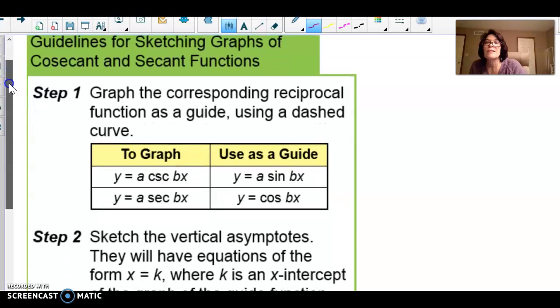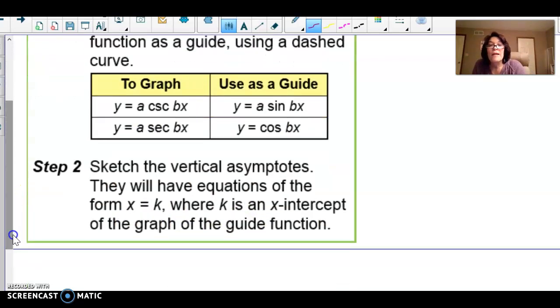Now this is how we graph secant and cosecant functions. We graph the corresponding sine or cosine function with dots, kind of like I just did, and then just flip it. Sketch the vertical asymptotes wherever the x-intercepts are of sine and cosine, and then let your asymptotes guide you for your parabolas.